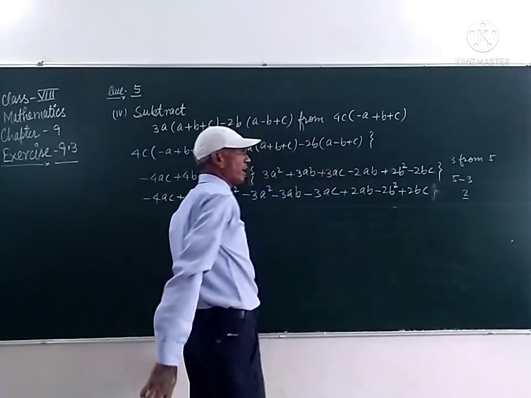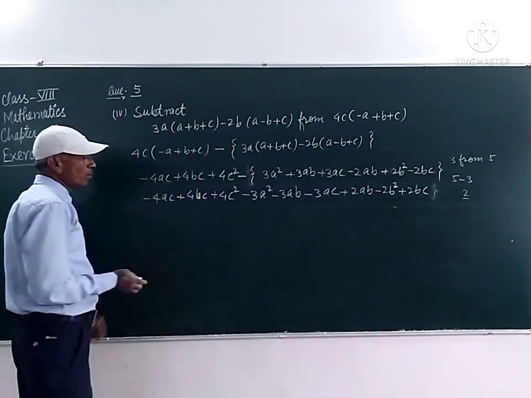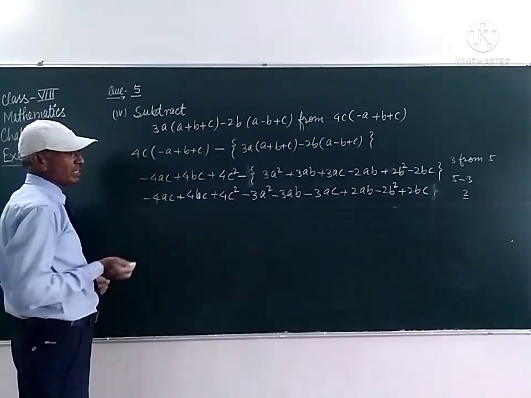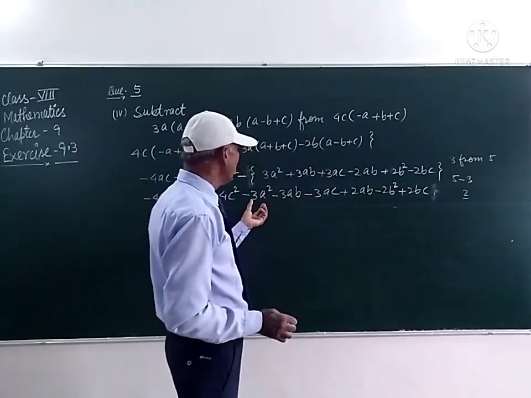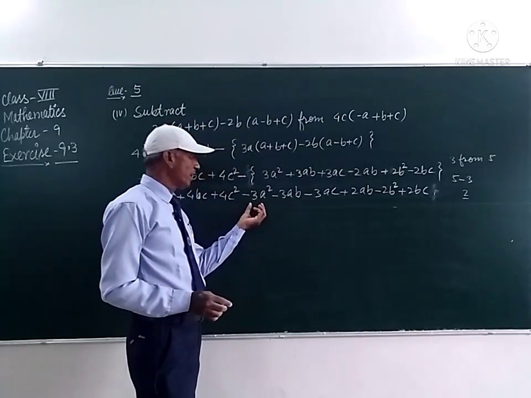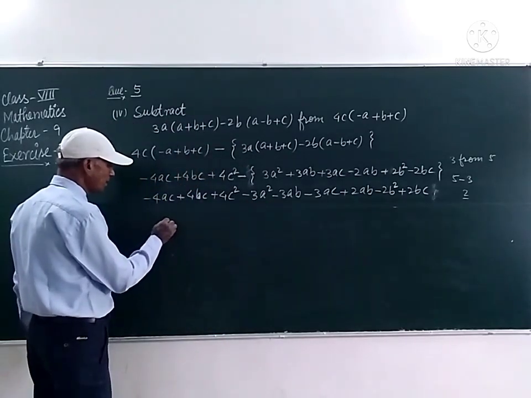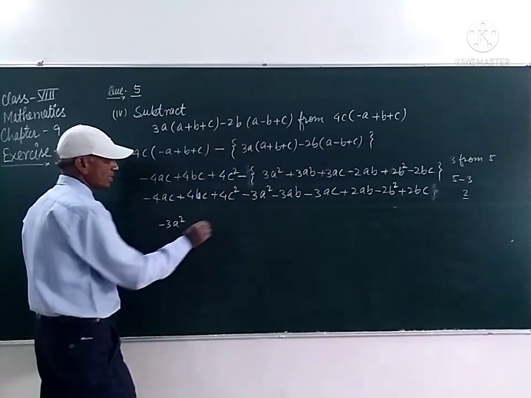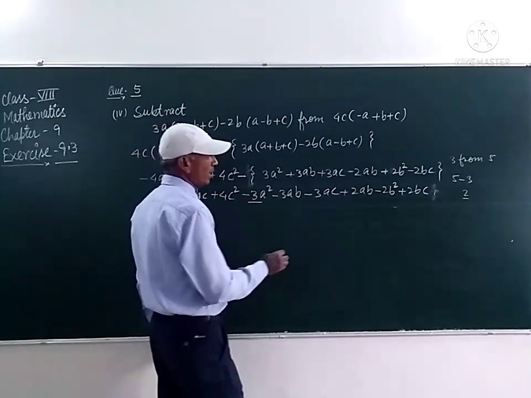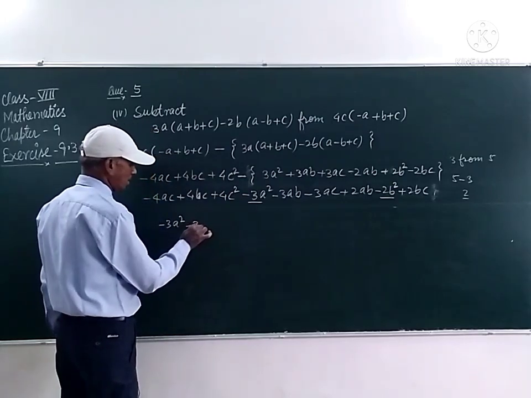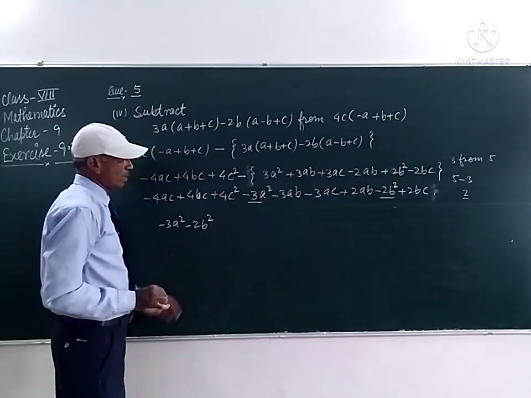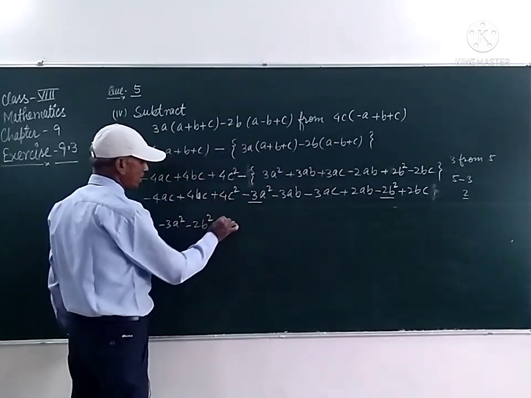Need not to write the bracket student here. Now write the like terms with each other student, and first of all write the terms which have greater exponents, that is minus 3a square, and minus 2b square, plus 4c square.